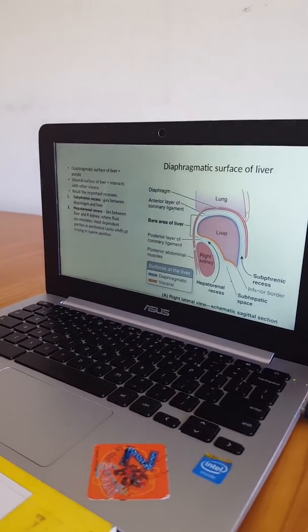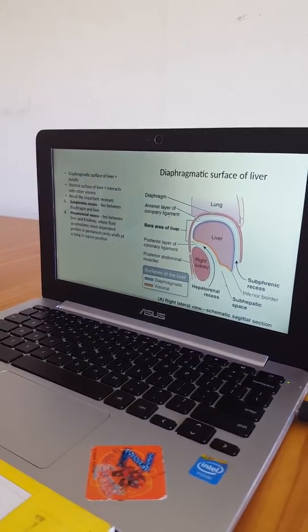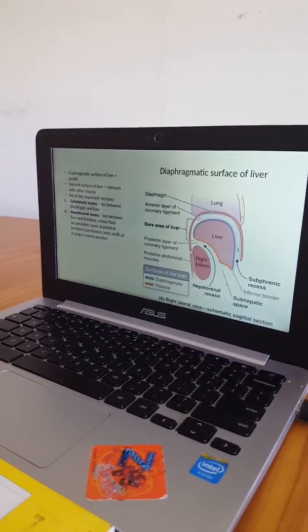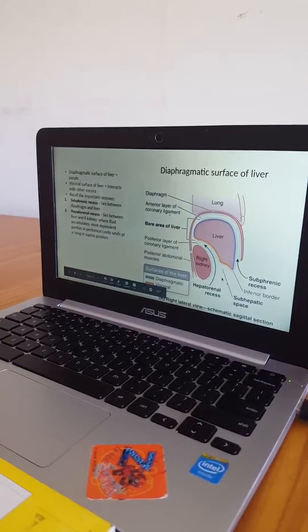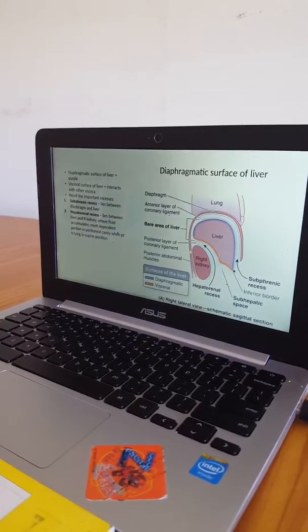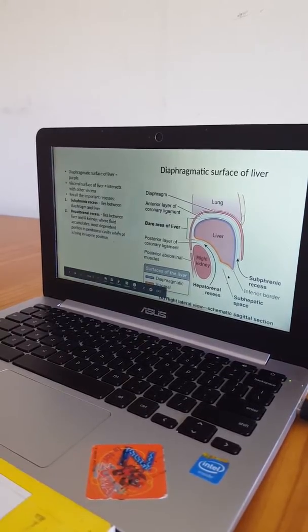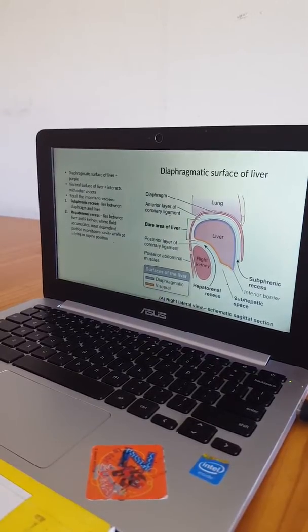I will come back to the peritoneal foldings. When there is a peritoneal folding, because of the multiple viscera coming from here and there, small pockets form. These pockets are prone to collection of fluid in case of infection. These are named according to the location.